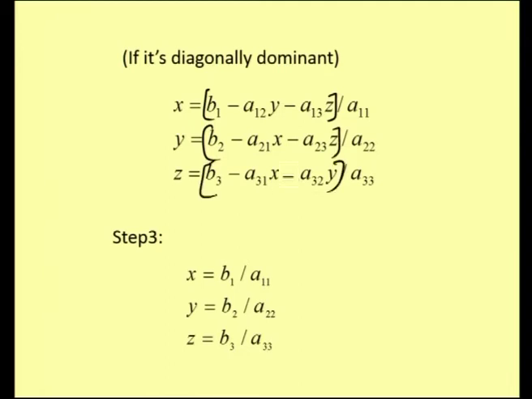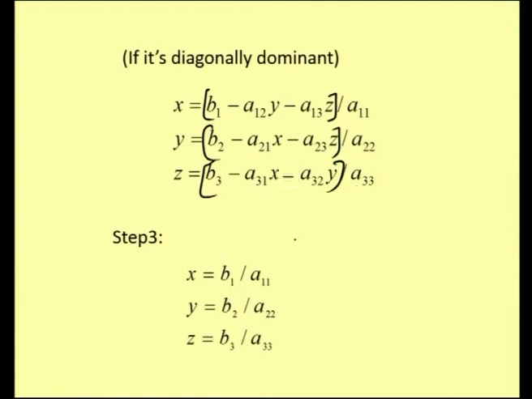From the second equation, you have to find y. These are the initial values of x, y, z. y is found from the second equation: B2 minus A21x minus A23z, divided by A22, and z is written as an expression from the third equation: z is equal to B3 minus A31x minus A32y, divided by A33.